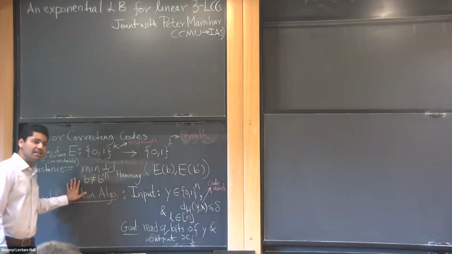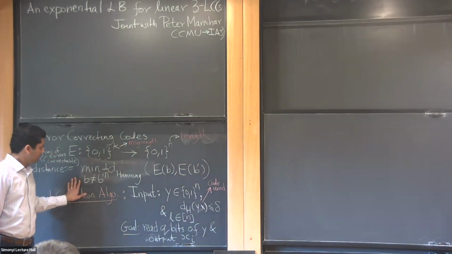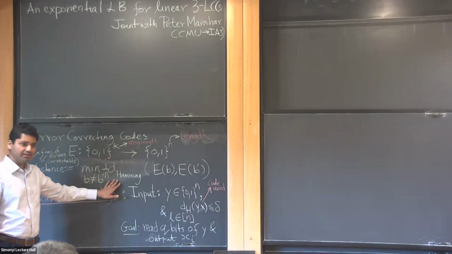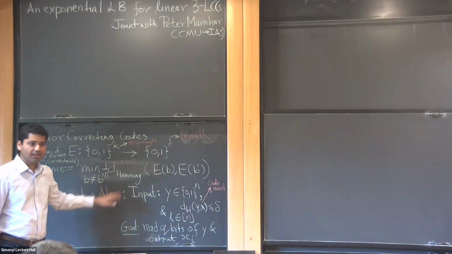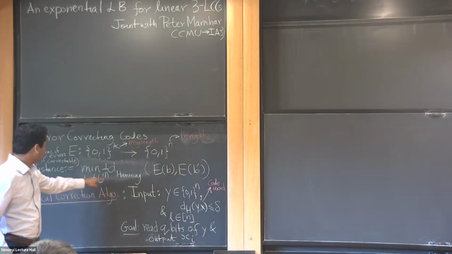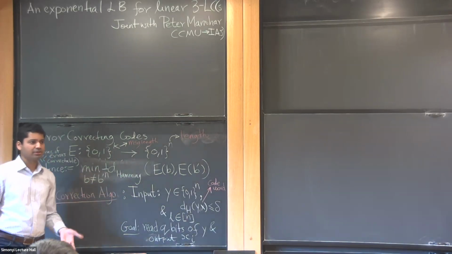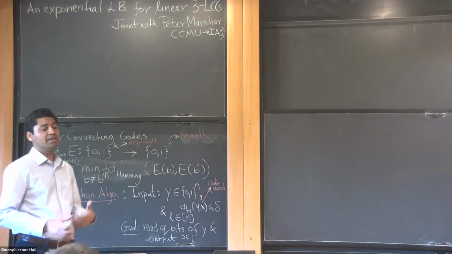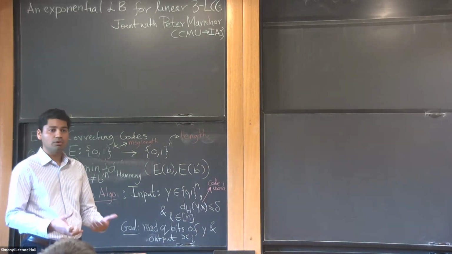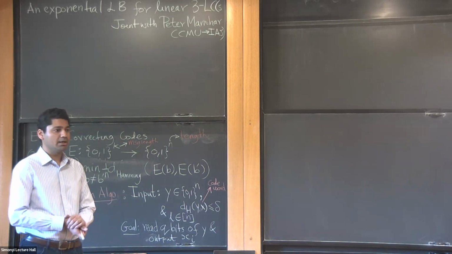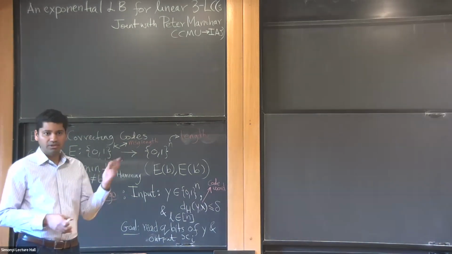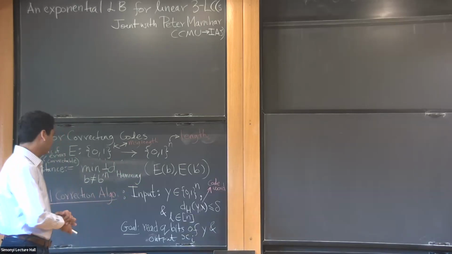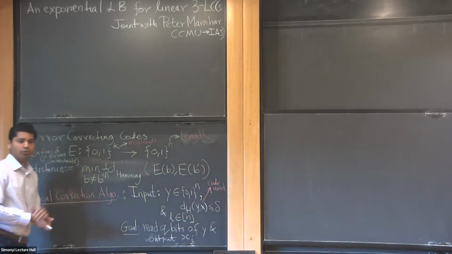So for any b not equal to b prime, it's the number of bits on which the code words of b and b prime are different, normalized by the total number of bits. So this is a fraction in [0, 1]. This distance simply counts the minimum fraction of bits that are different in the code words of any two messages. The messages could differ in only 1 bit, but usually the code words will differ in a lot more.